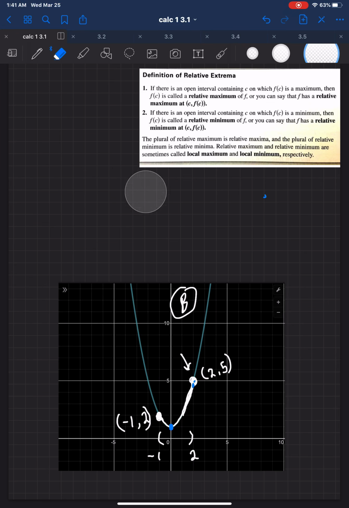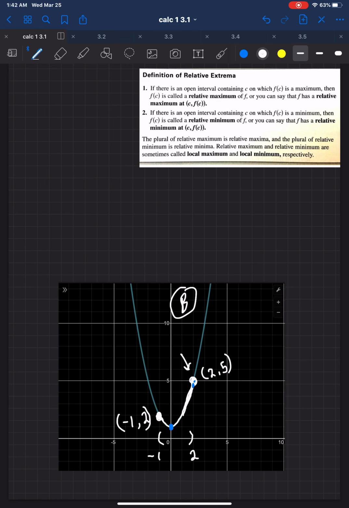Let's see if we can generalize some of these little observations that we've been noting. So if there is an open interval containing c on which f of c is a maximum, then f of c is called the relative max of f, or you can say that f has a relative maximum at some point.